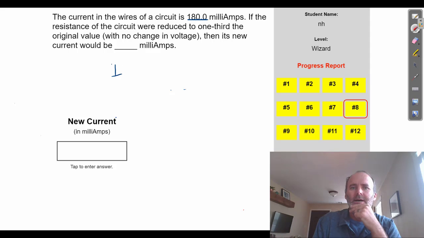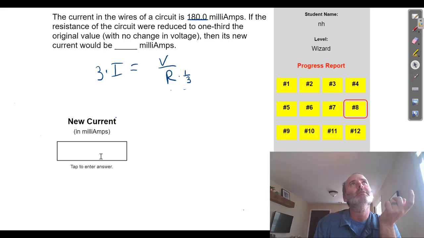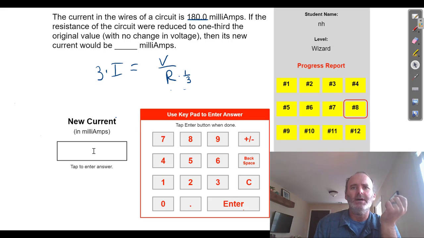I equals V over R. If the resistance is reduced to 1/3, remember, dividing by a fraction is the same as multiplying by 3. No change in voltage. So 180 times 3 is 540.